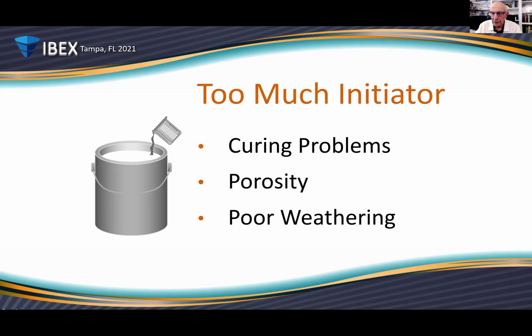But the other thing that we do is we walk around and we look at brand new boats, high dollar boats, and we pick out the patches on the boats. And when we're picking out the patches, their assignment is to assess whether that patch is over-initiated, too much initiator, whether it was thinned with acetone or whether it's thinned with styrene. And we can pick out the nuances in the patches once you've seen this, once you understand what it is, on brand new boats.